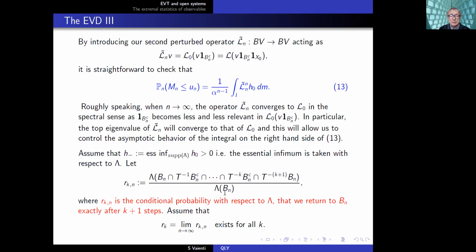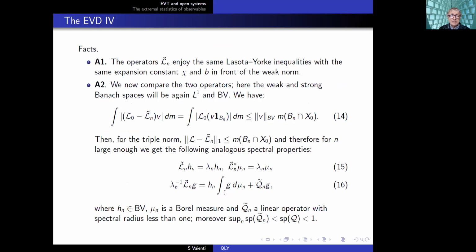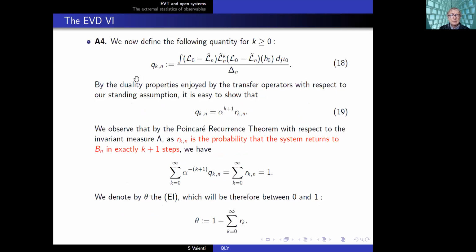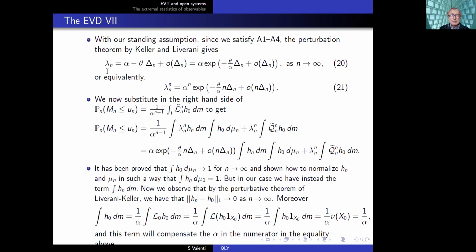This is what I call lambda n. Okay, so let me go back to this perturbation theorem. So we have an expansion of the top eigenvalue for this operator given in this term here.